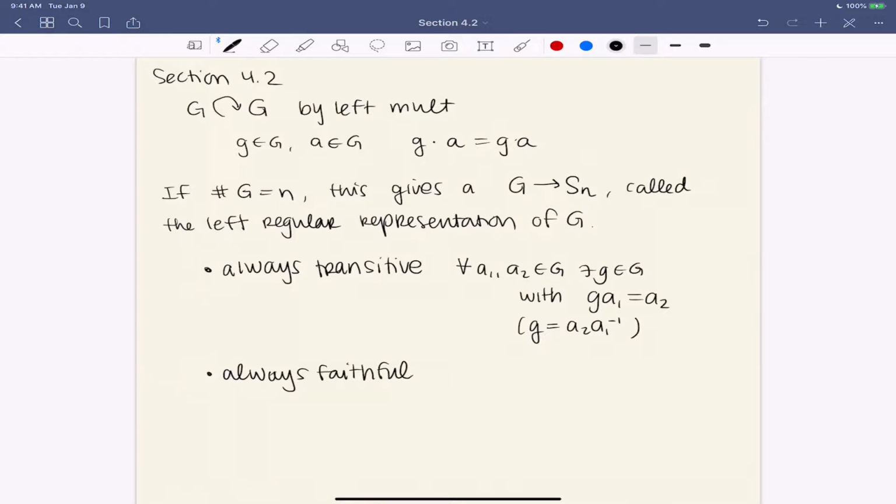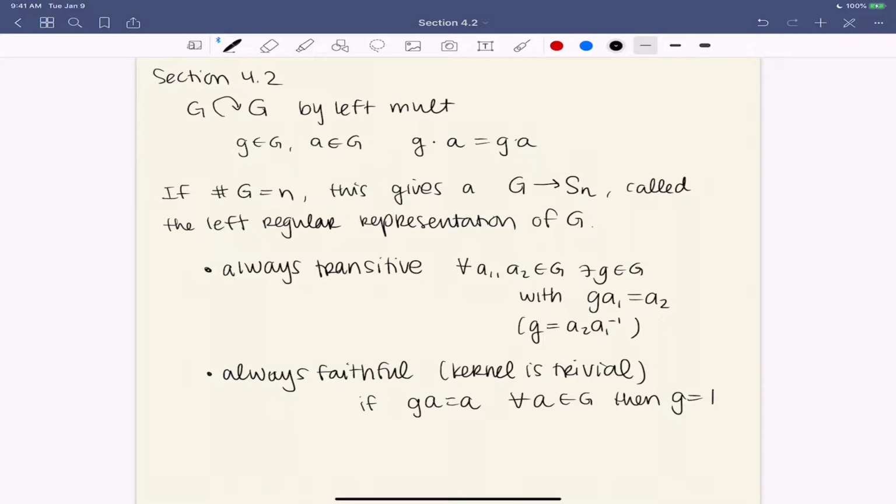It's always faithful, which we remember means that the kernel is trivial, and the kernel of the representation we can think of as the kernel of this group homomorphism, or as the elements of G that fix everything. And that's because if g times a is equal to a for all a in G, then g has to be the identity.